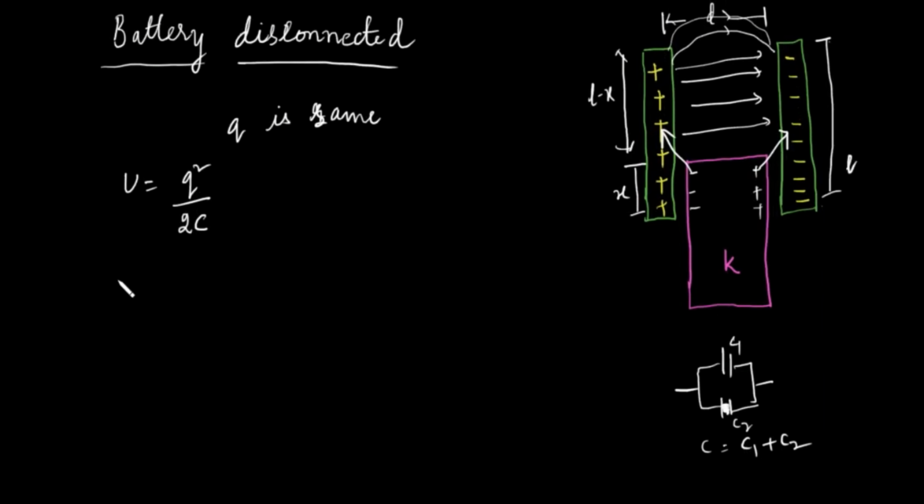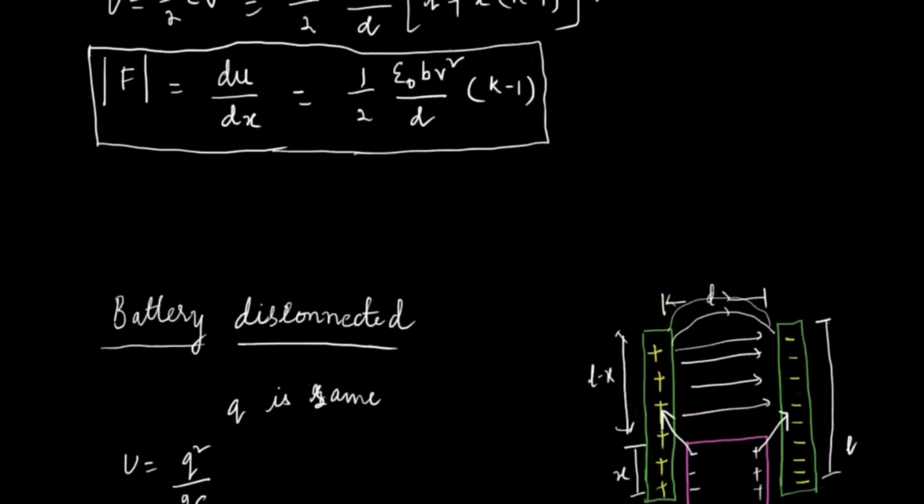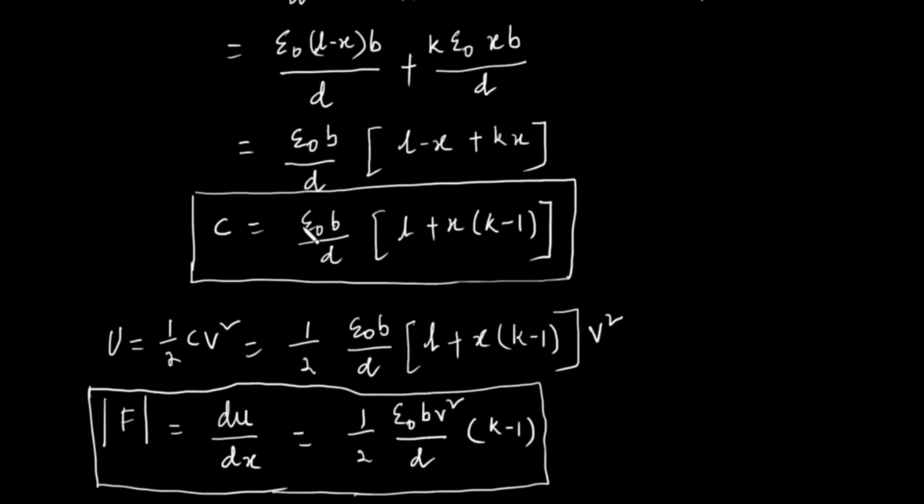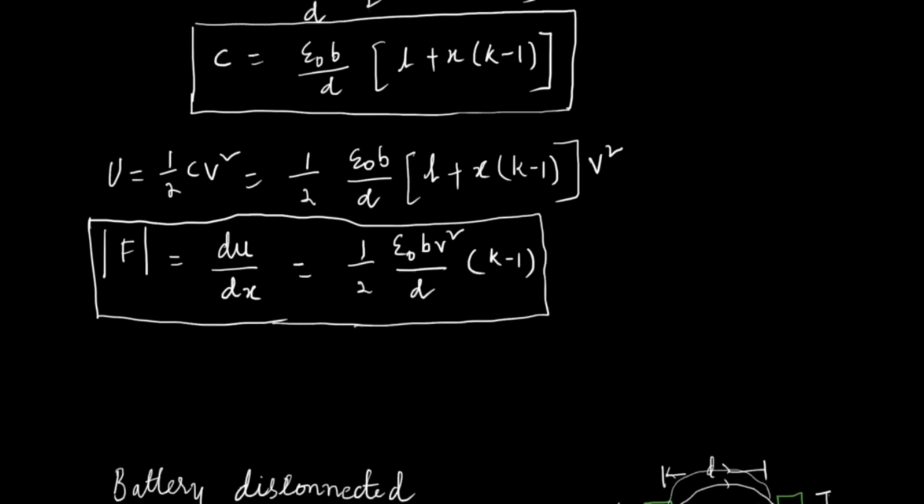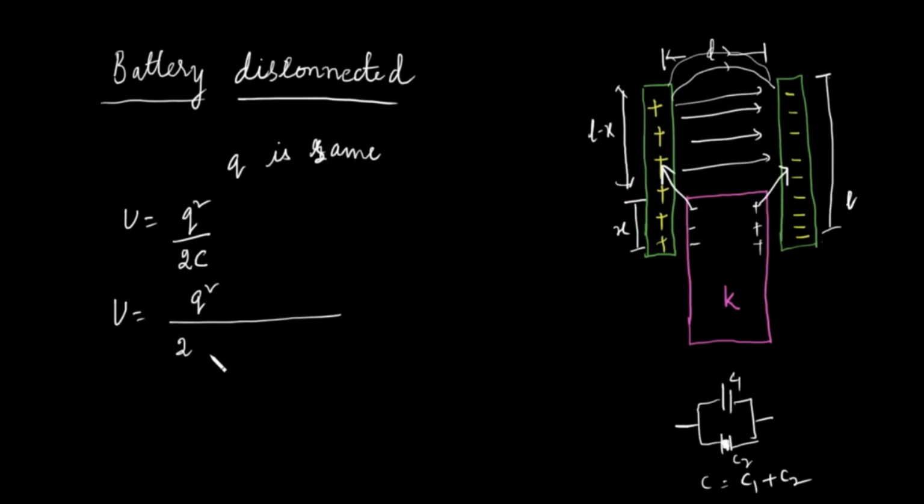So I will substitute here. U is equal to Q square by 2 into C, with C as epsilon naught b by d, L plus x into k minus 1. So U is Q square d by 2 epsilon naught b into L plus x into k minus 1.